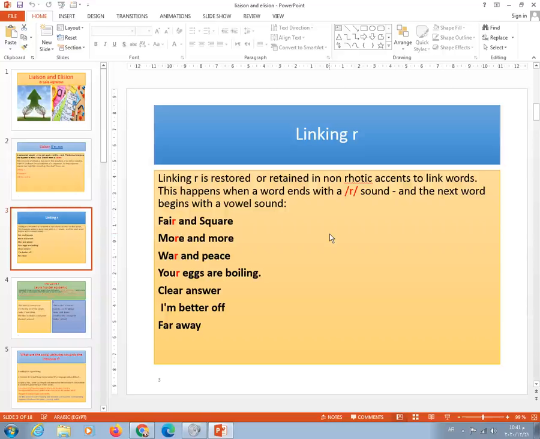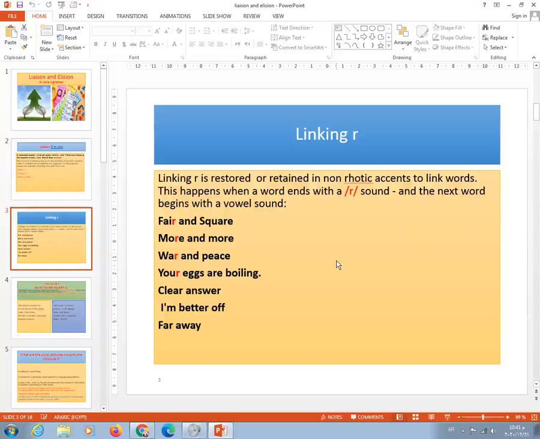This is linking R, and it is restored or retained in non-rhotic accents to link words. This happens when a word ends with an R sound and the next word begins with a vowel. In this case, R is not dropped. It's pronounced.